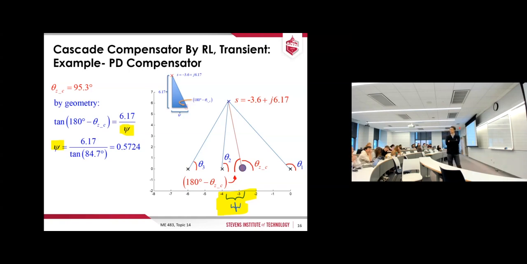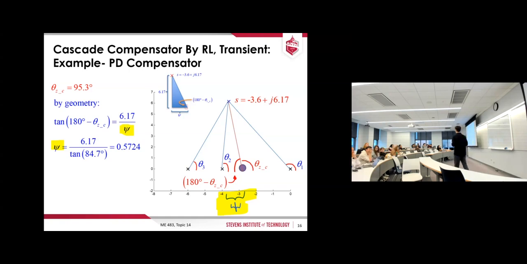Looks like you need more time to think. Yes. Thank you. It should be negative 3.6, not 6.17. 6.17 is this number, and this point, not this C, has to be negative 3.6.